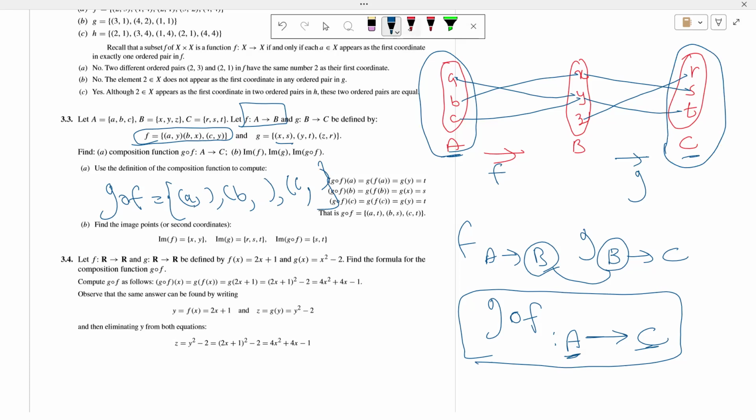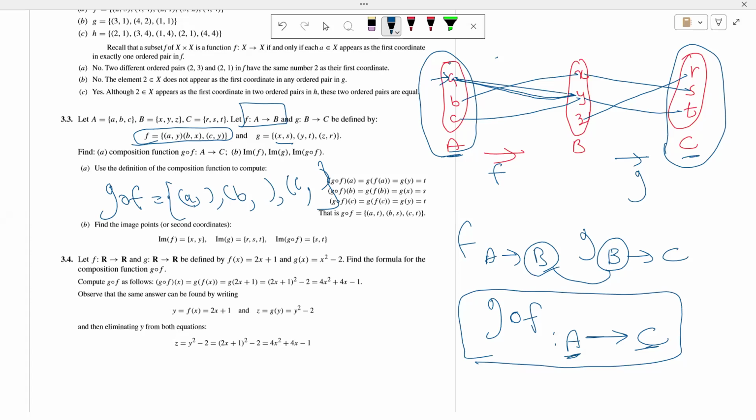First I take the first domain element A. Then I need to find this relation, which goes from A to Y, right? Then from Y, how can I travel to C? From A to Y is my first relation.